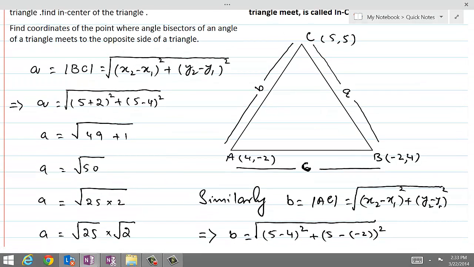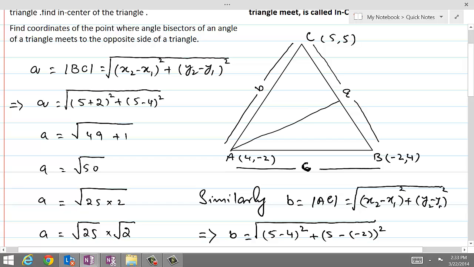So if this angle bisector from here meets side BC at this point, let's call this D, and this angle bisector from B meets here, and the angle bisector from C meets at this point.